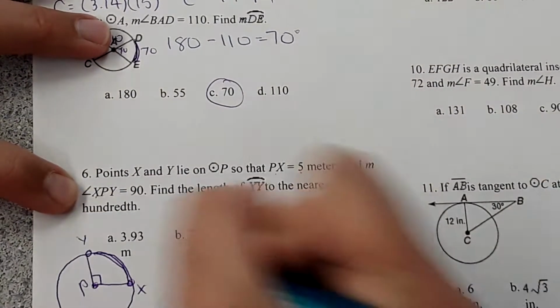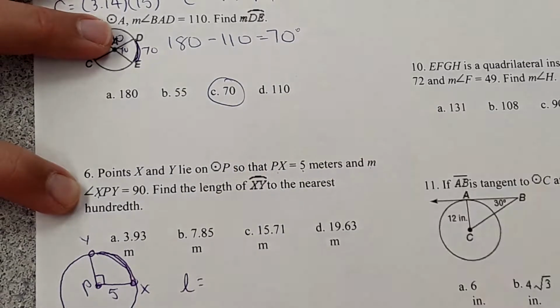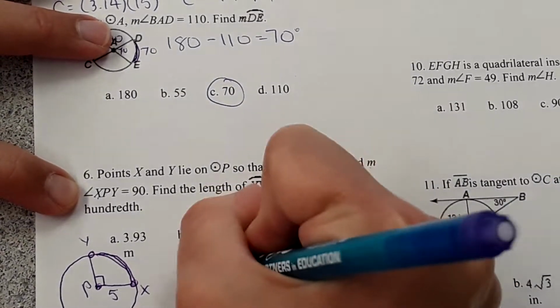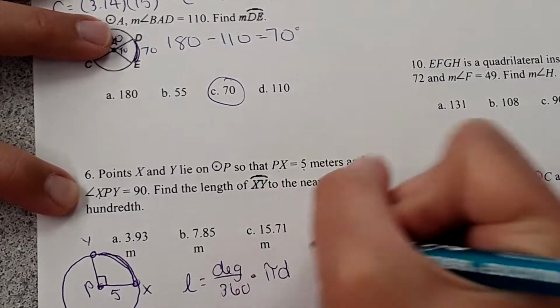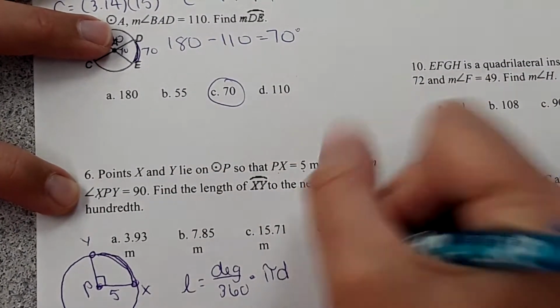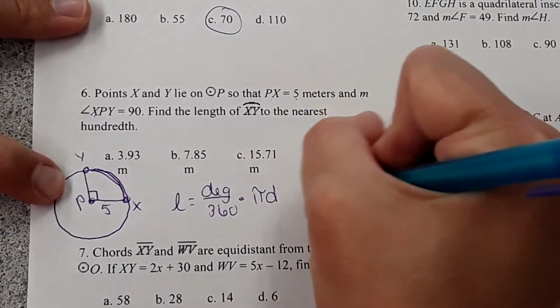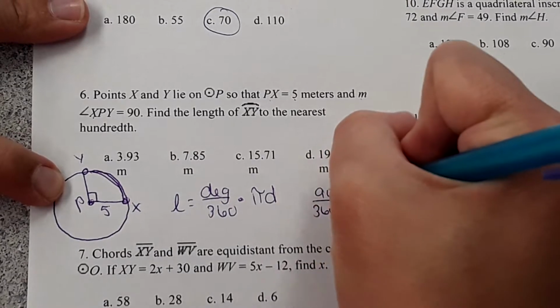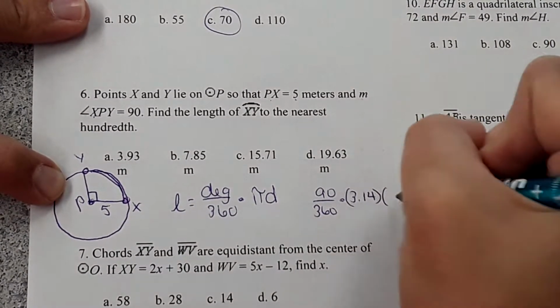It also tells you that PX is 5. Arc length, the equation for it is degrees over 360 times pi times diameter. Okay, so plugging the numbers in, I have 90 over 360 times 3.14 times diameter, which is 10.